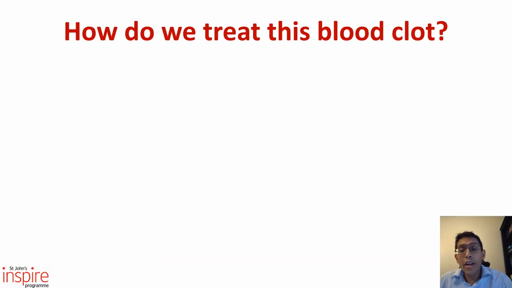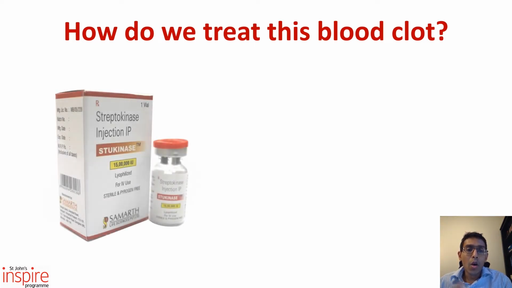So we've recognised the symptoms of a heart attack and we know what the underlying pathology is. There's a blood clot in a heart artery and this is impeding blood supply to the heart. So how can we treat this? Well, historically and logically, there are two main approaches that we could take. One would be to give an injection of a clot-busting medication into a vein. This has advantages. It's quick and easy to apply, but there are also disadvantages.